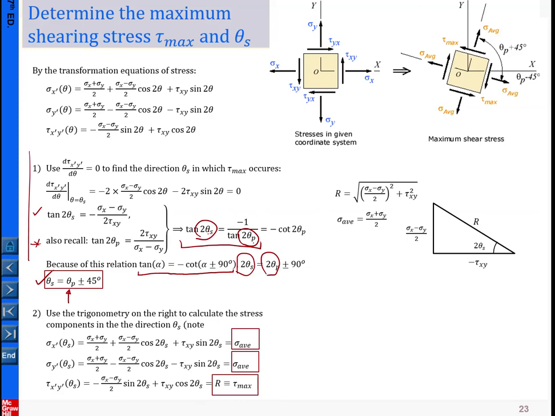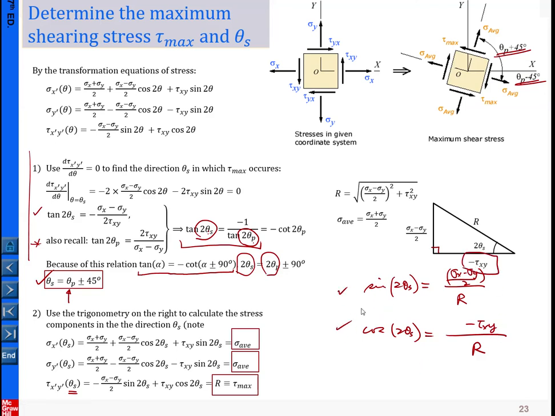So now we determine the values of the components at theta s. Theta p plus 45 degrees or theta p minus 45 degrees is the orientation where the maximum shear stress occurs. For the value of the maximum shear stress, simply plug in theta equal to theta s, again using this triangle. For example, sine 2 theta s equals r over sigma x minus sigma y divided by 2, and cosine 2 theta s equals r, with a minus sign because we have utilized the minus sign here.